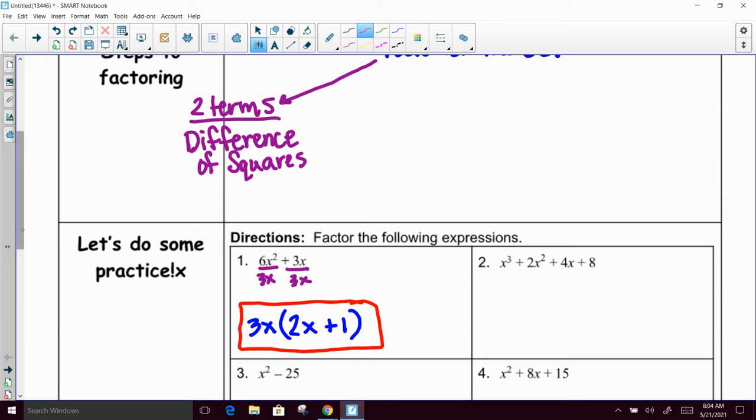Okay, let's look at number 3. x squared minus 25. First off, do I have a greatest common factor? Is there something that x squared and 25 are both divisible by? The answer to that is no. Can I factor this using the difference of squares? Well, difference of squares means you've got two terms separated by a subtraction, and you can square something to get both of them.